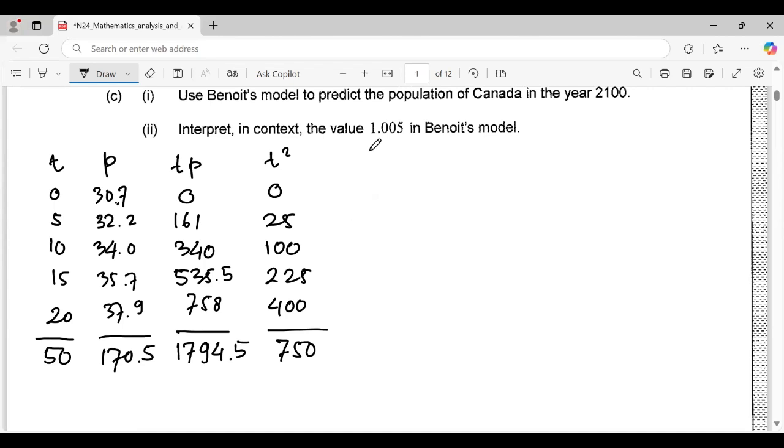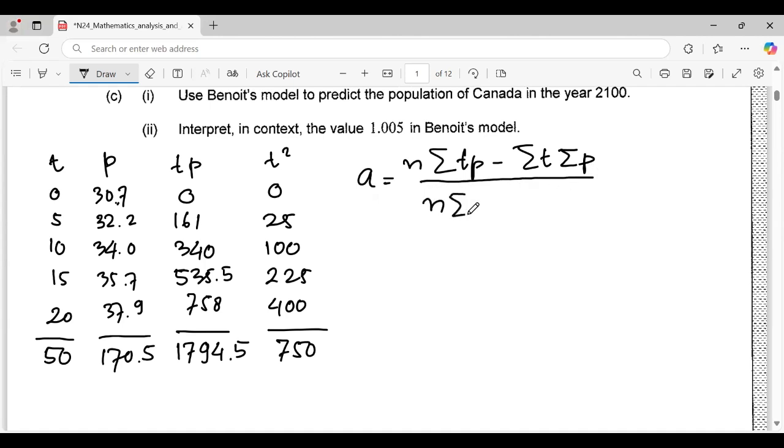Now, let me calculate A based on the formula: N sigma TP minus sigma T sigma P, over N sigma T squared minus sigma T squared.